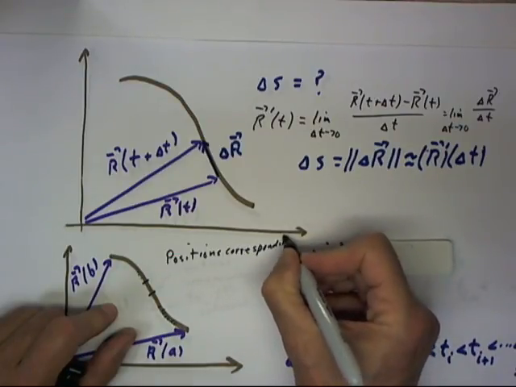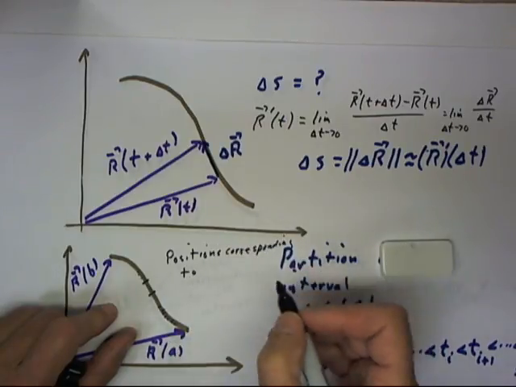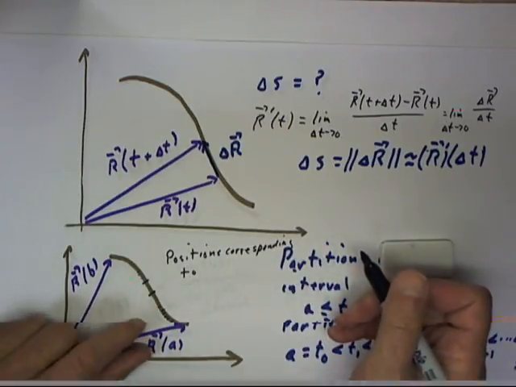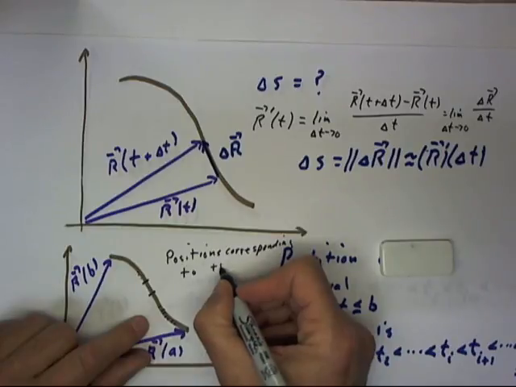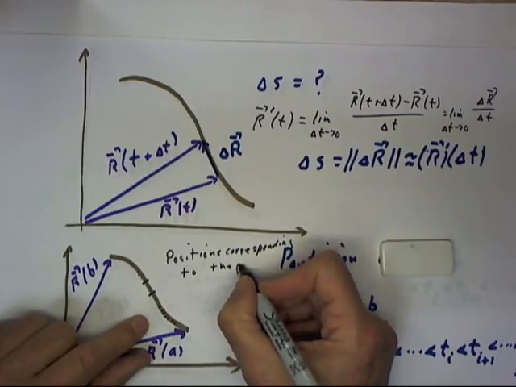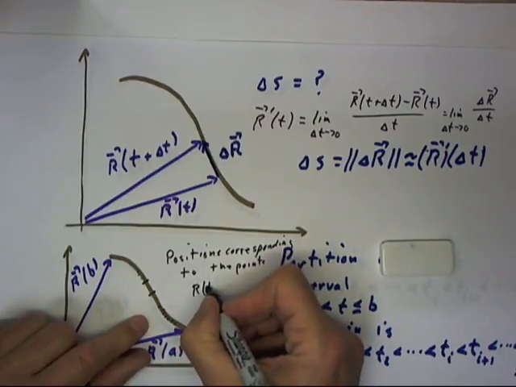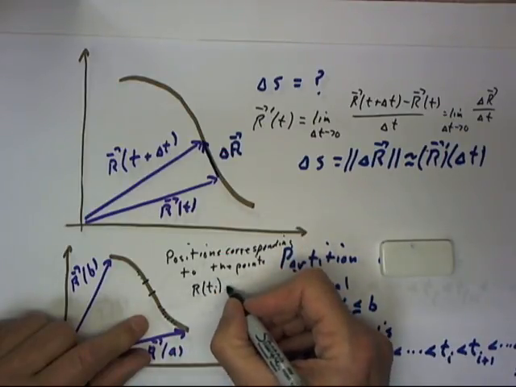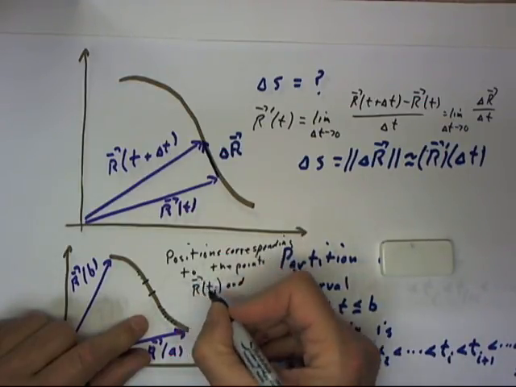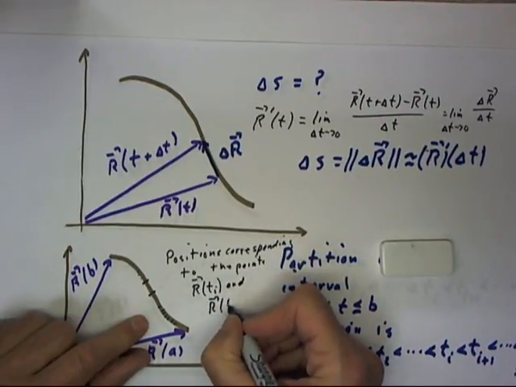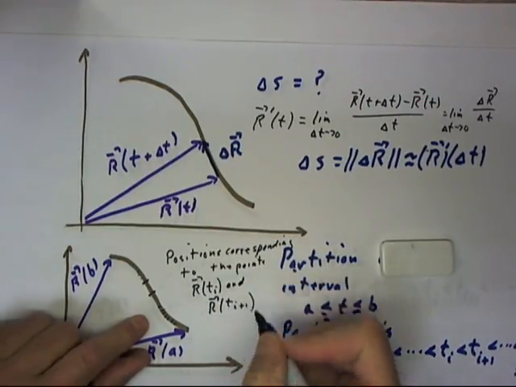which correspond to the points r of t sub I and r of t sub I plus 1.